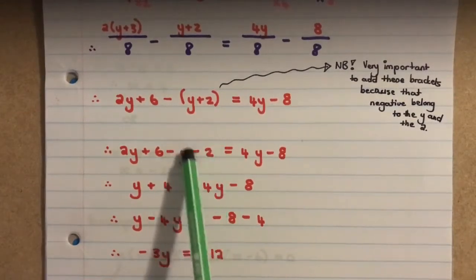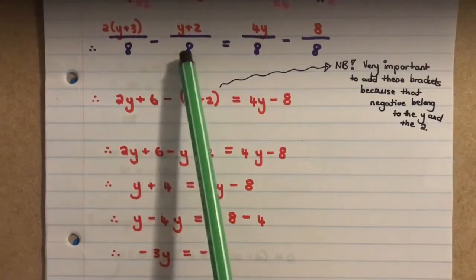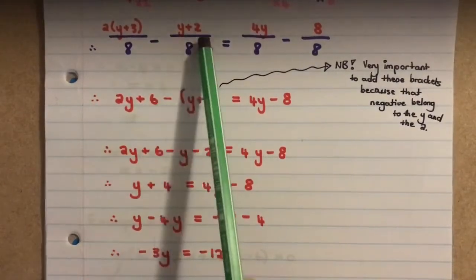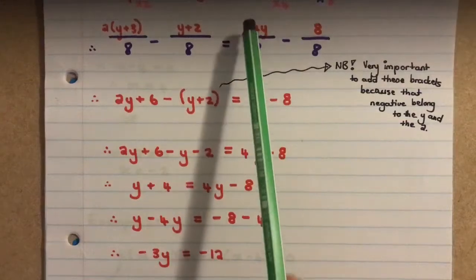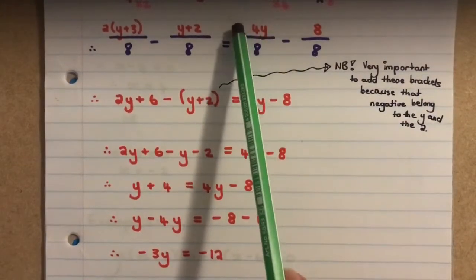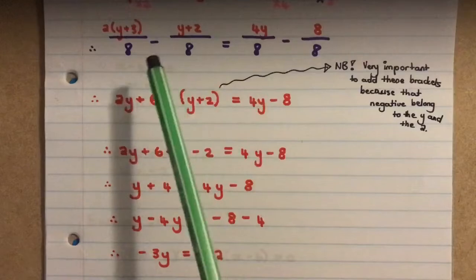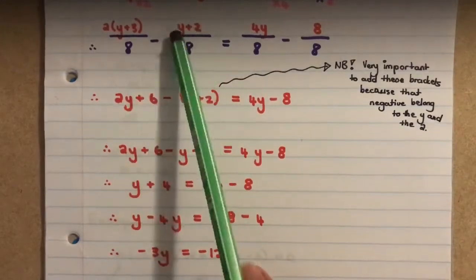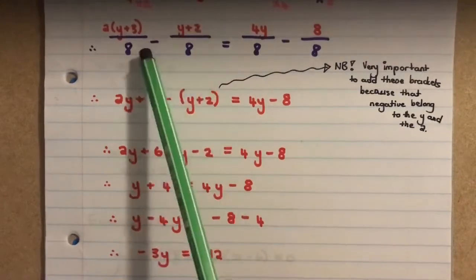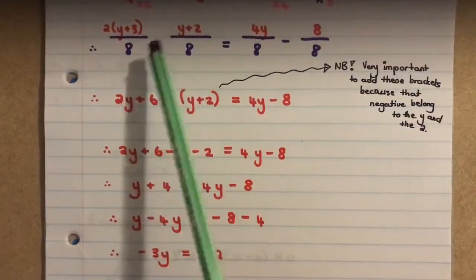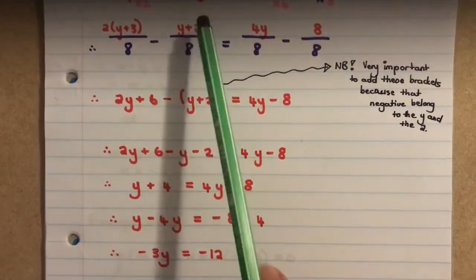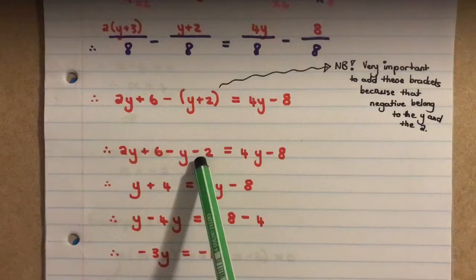So please, in the exams, we always check, when you took it off its high horse, especially if it's one term, it doesn't matter because the sign in front is already applicable to that one. But over here, there's two terms, and that negative has to be multiplied into the y and the positive 2 to become a negative 2.